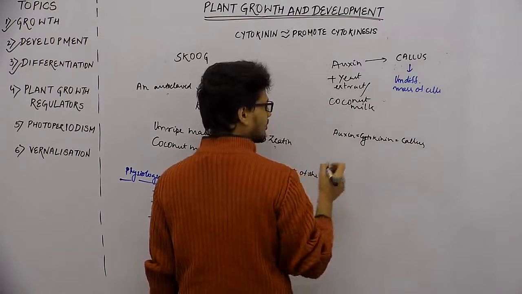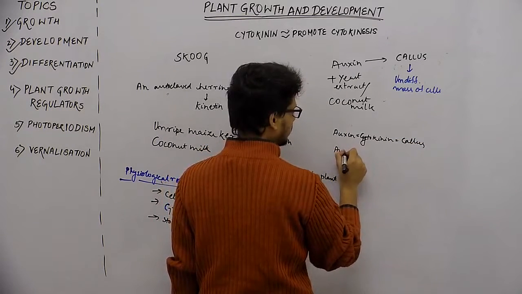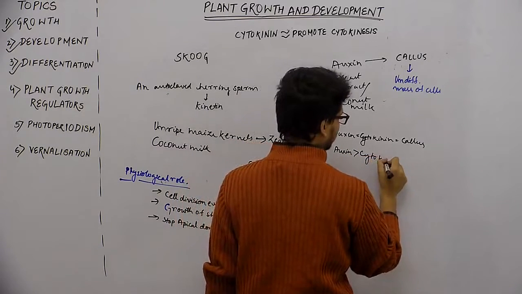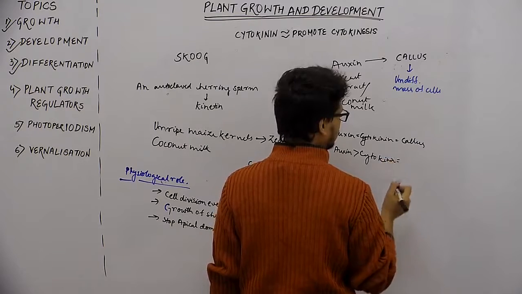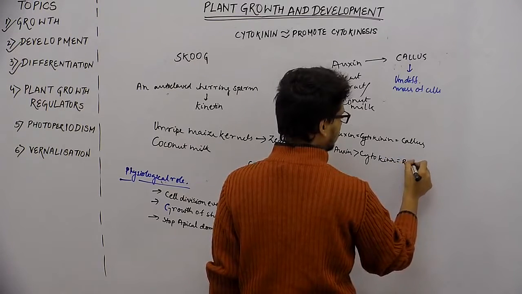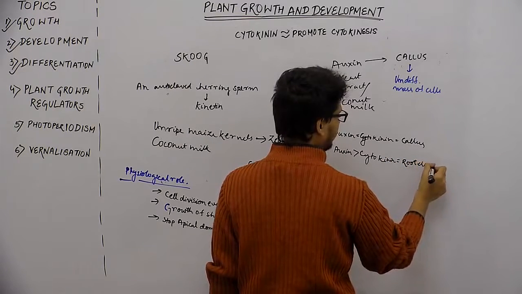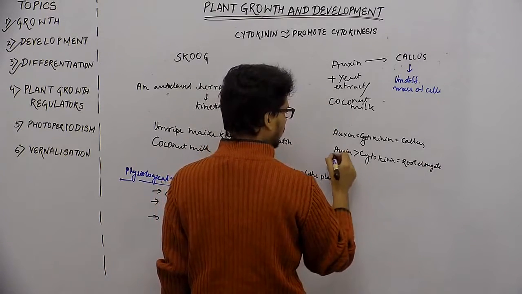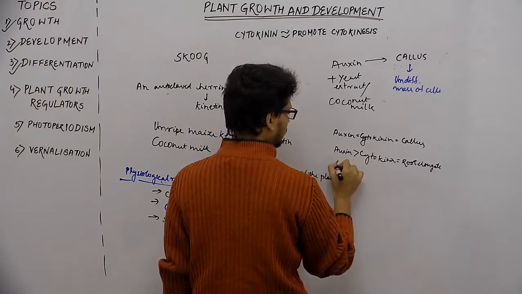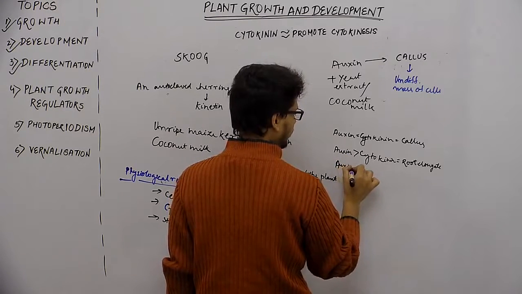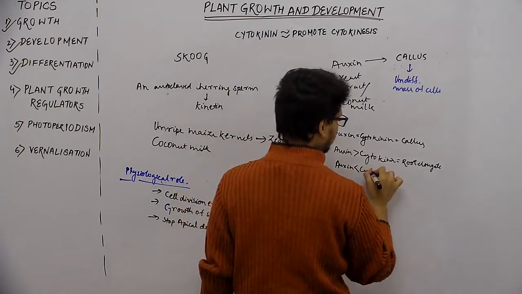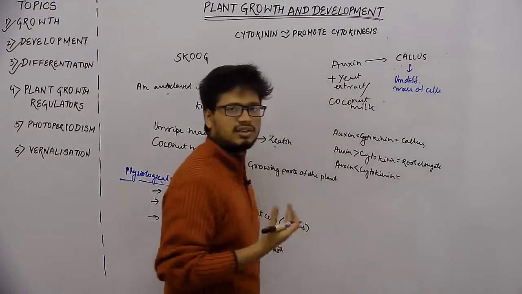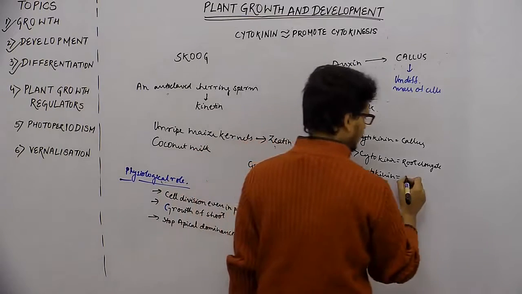But as soon as we increase the quantity of auxin relative to cytokinin, it will cause root elongation, or root development will occur. And if we increase the quantity of cytokinin, it will lead to an increase in the development of the shoot.